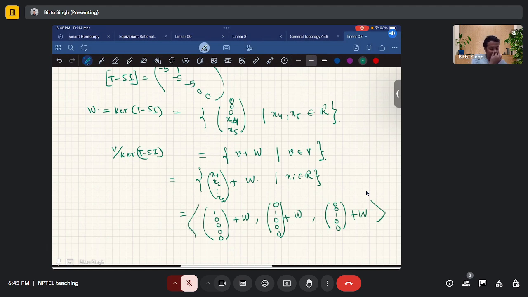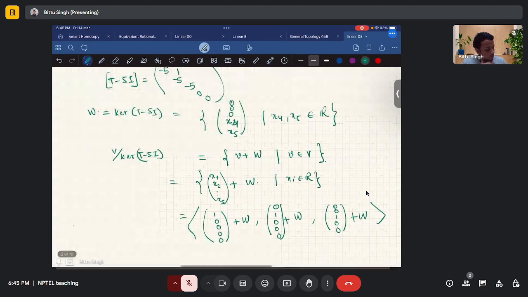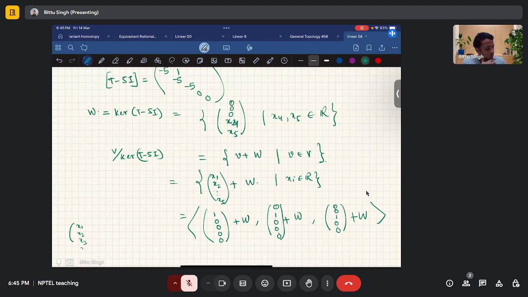The space is spanned by those 3, and those 3 are linearly independent, because any linear combination of those 3 things does not belong to this W. And those 3 actually span the whole coset space, because whatever you give me, for example x1, x2, x3 plus W, we can write this as x1 alpha 1 plus x2 alpha 2 plus x3 alpha 3, where this is alpha 1, this is alpha 2, this is alpha 3.